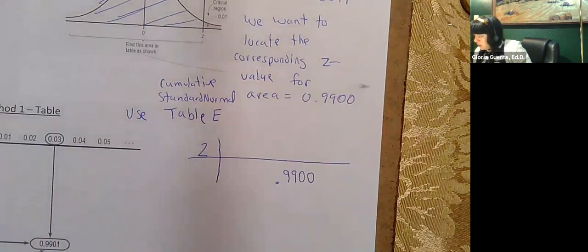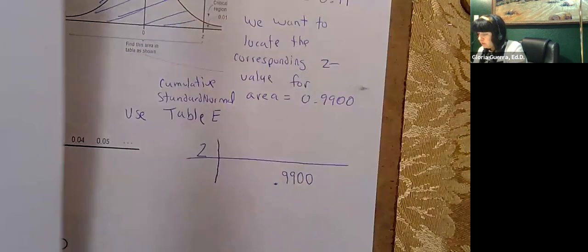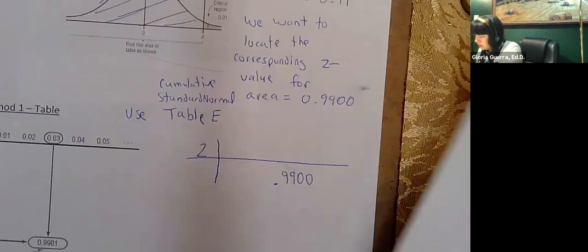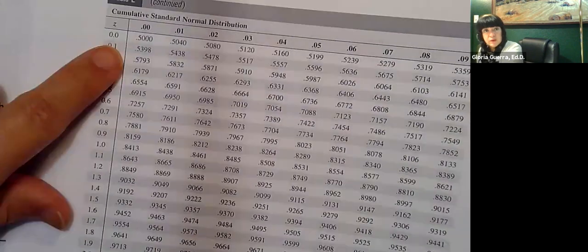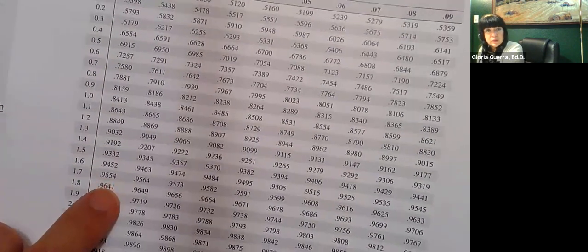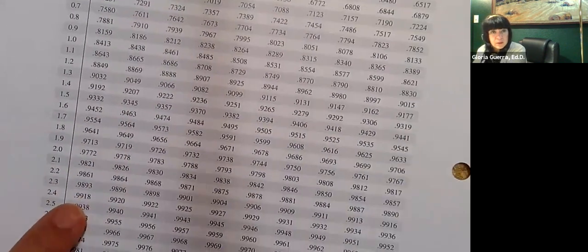Okay, so I'm going to look for 0.99, and you see here, this looks like it's on the positive side. So if I look on the positive side, I'm looking for 0.99.